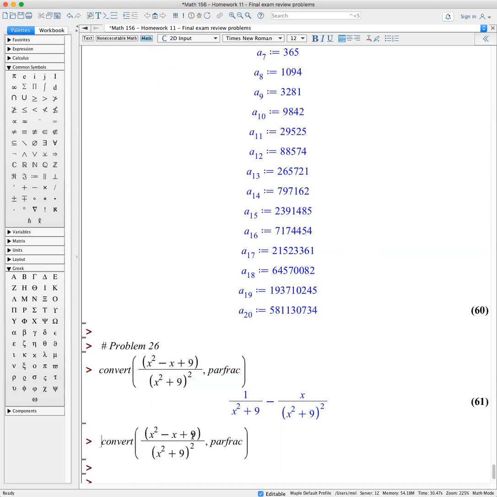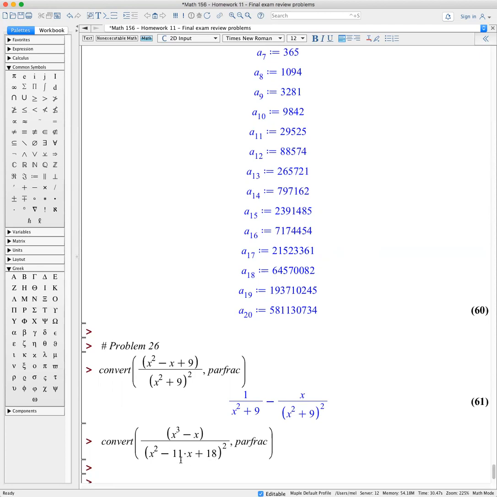The second part is you have x cubed minus x in the numerator and x squared minus 11 times x plus 18 in the denominator.